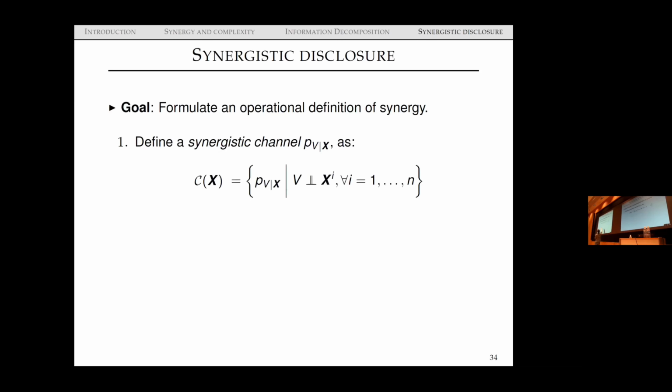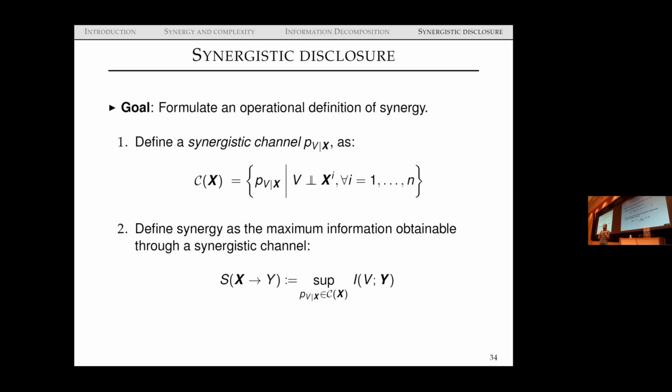And they want to generate some other variable v that is a function of the x's, and it's going to come from a synergistic channel. And what this somewhat lengthy set description says is that v has to be independent from any one of the x's. Right? So I'm going to make a variable that's basically a function of x, but that doesn't depend on any of the individual x's.